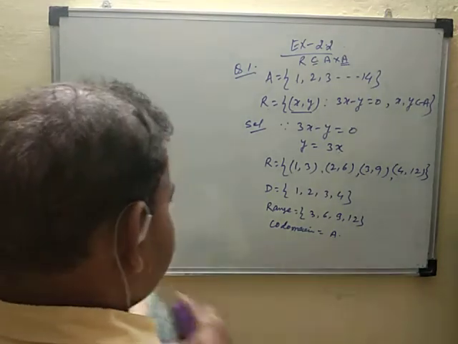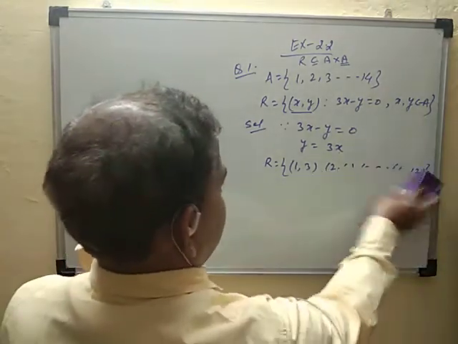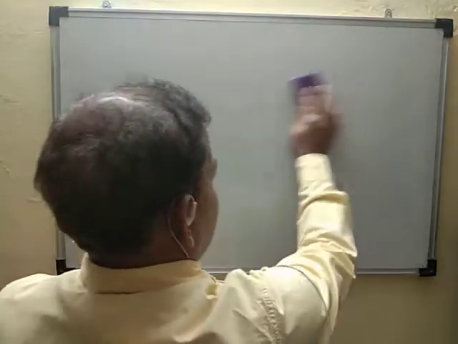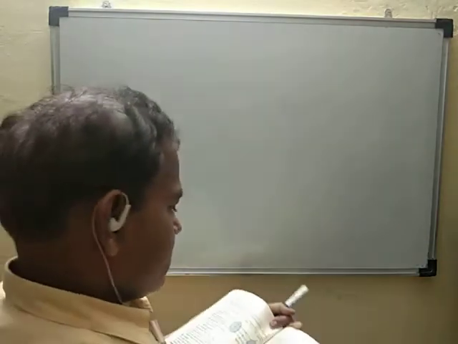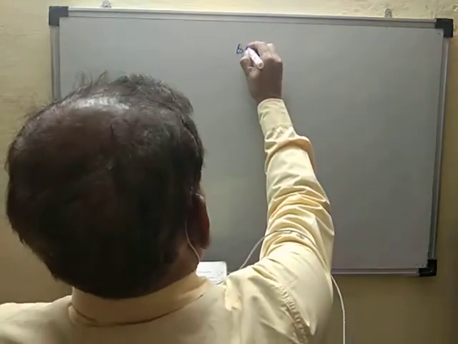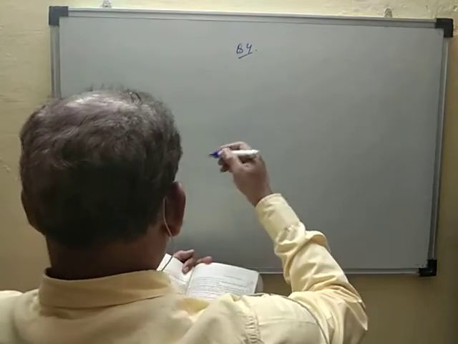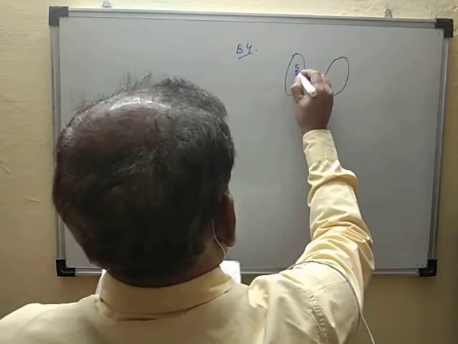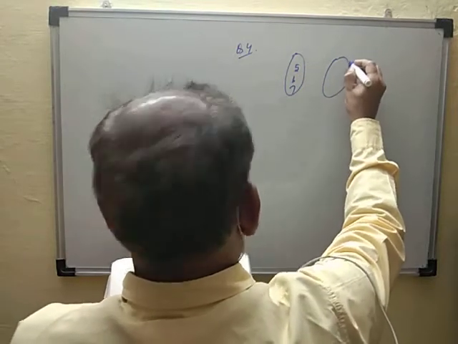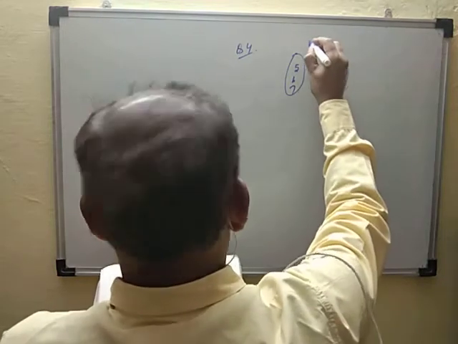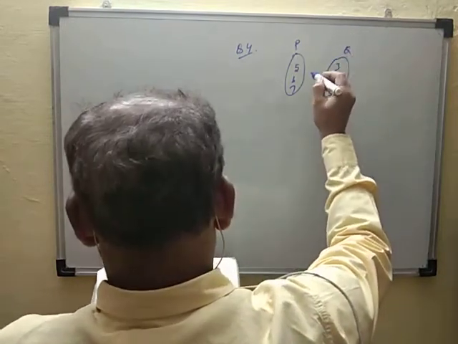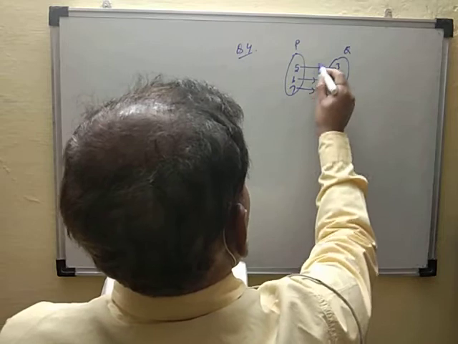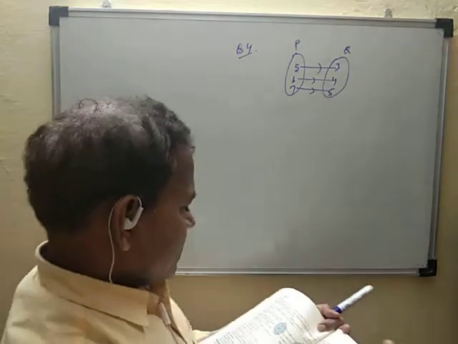Question number 4. A figure is given with 3 elements 5, 6 and 7 in set P, and 3, 4 and 5 in set Q. This 5 is related to 3, 6 is related to 4 and 7 is related to 5.